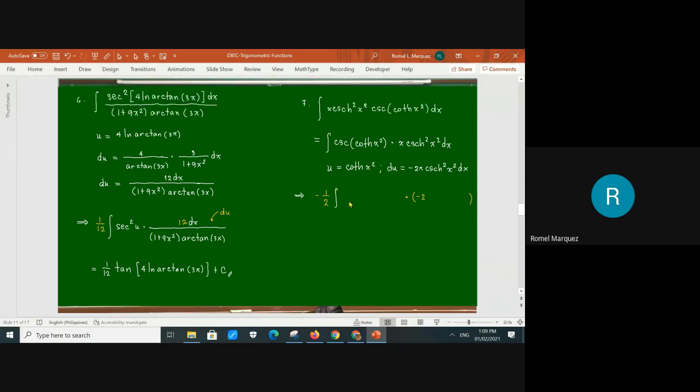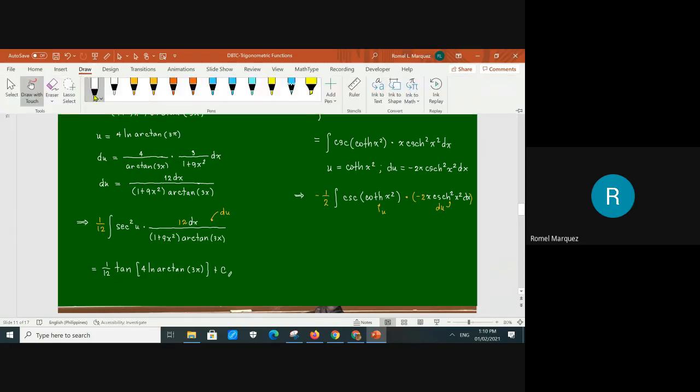Integral of cosecant of hyperbolic cotangent x squared, then times, I put negative 2 balanced by negative 1 half, and then copy. Okay, guys? So this is now read as u, and this is du. Negative 1 half integral cosecant u du.